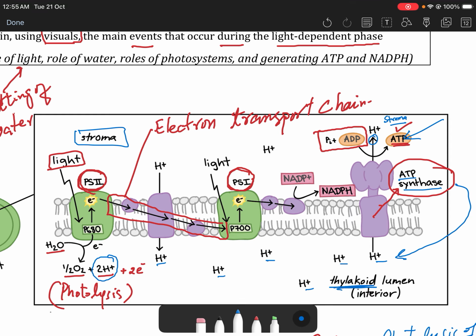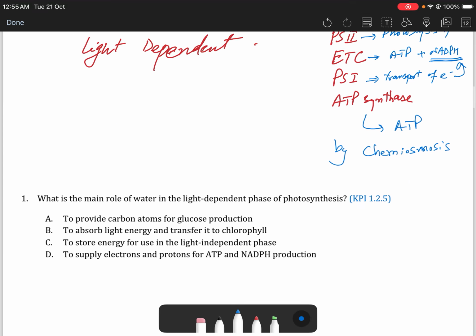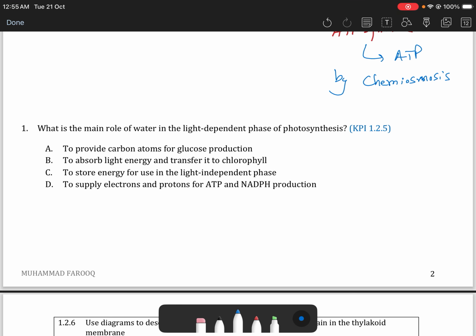What is the main role of the water in the light dependent phase of the photosynthesis? So you should know what happens over here. Okay, to provide carbon atoms for glucose production, of course no, because carbon comes from the carbon dioxide.